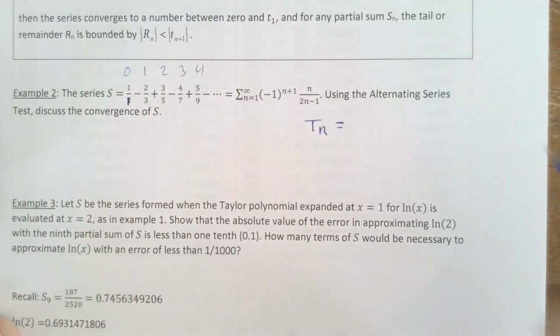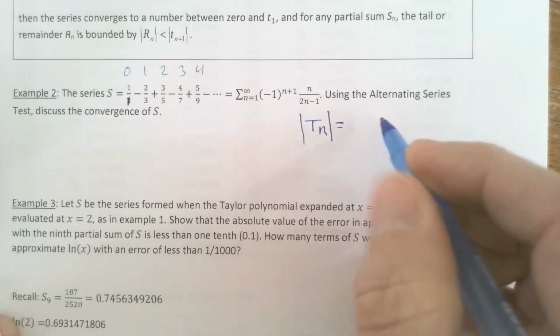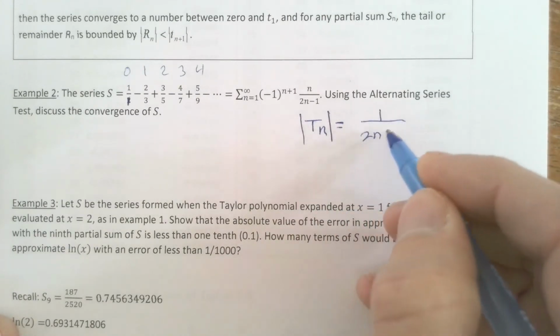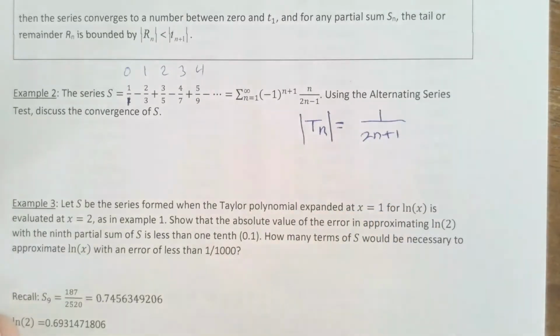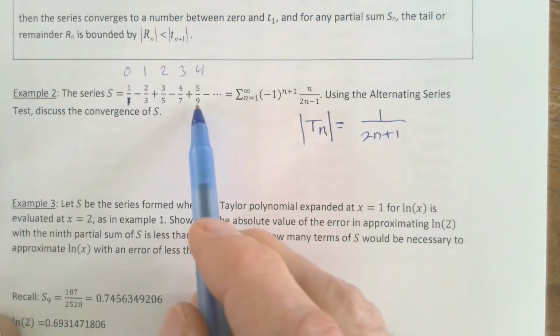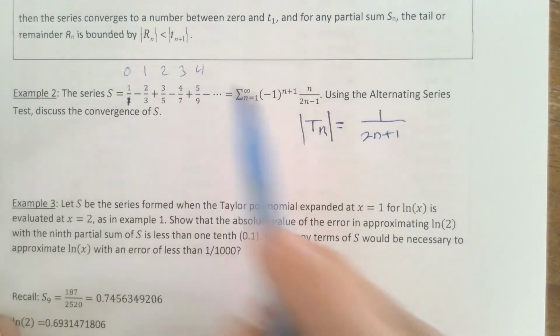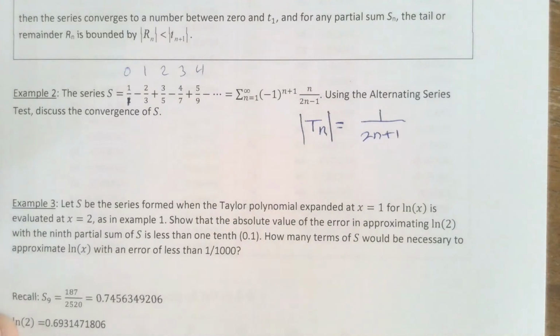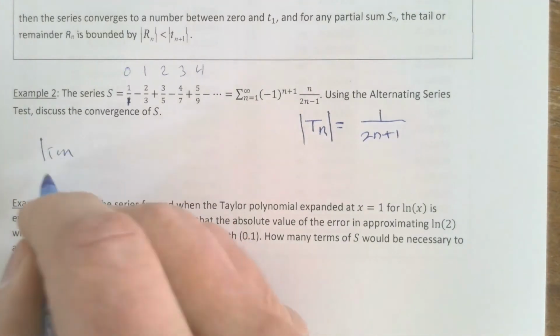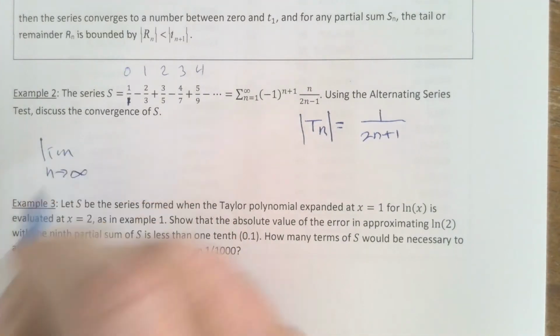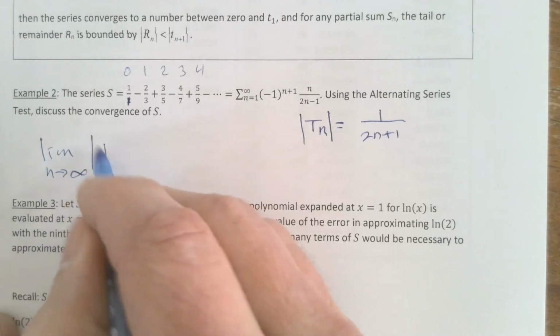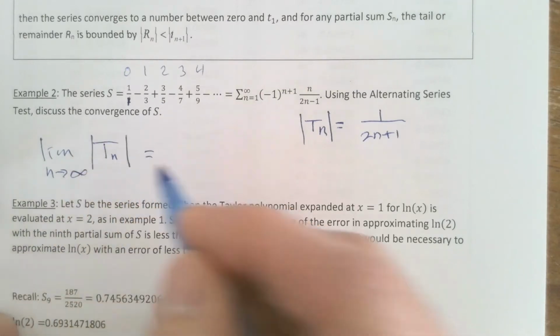The nth term in absolute value would be 1 over 2n plus 1, right? For example, the fourth term, 2 times 4 plus 1, 8 plus 1 is 9. There's your 9. What's the limit as n goes to infinity of that nth term, or absolute value, I guess, if you want to put it on there?